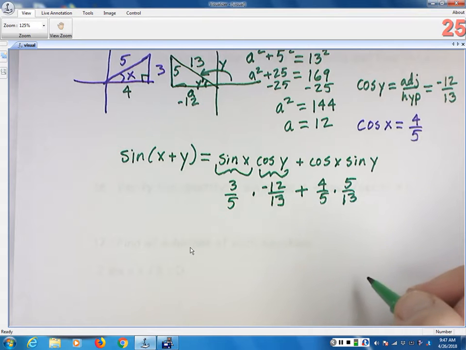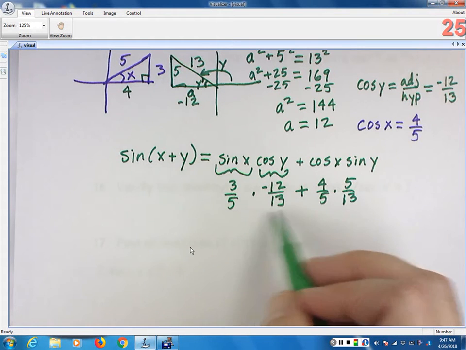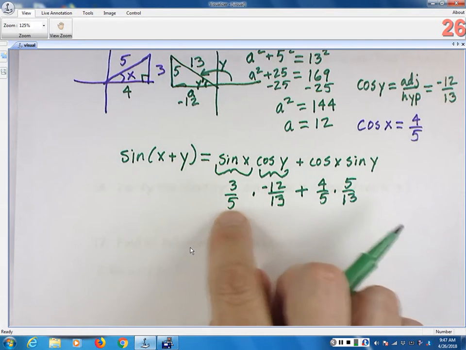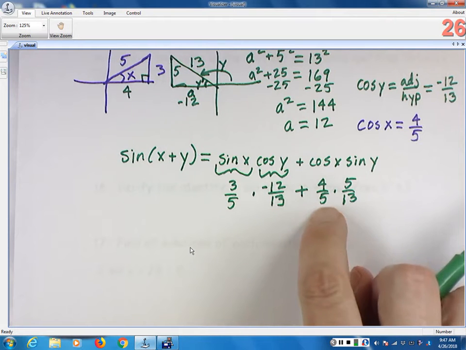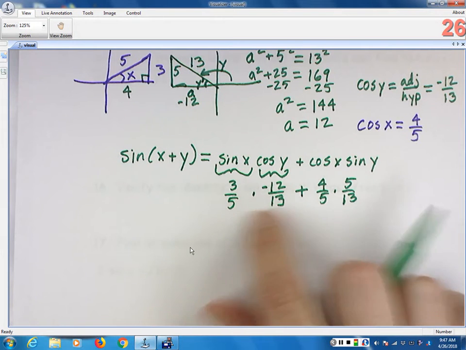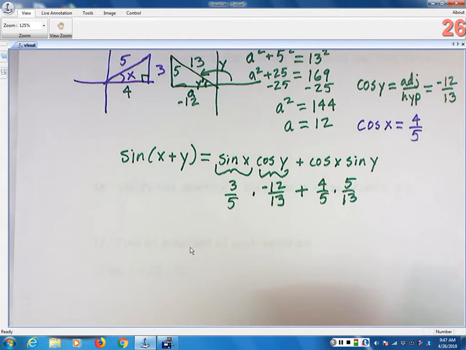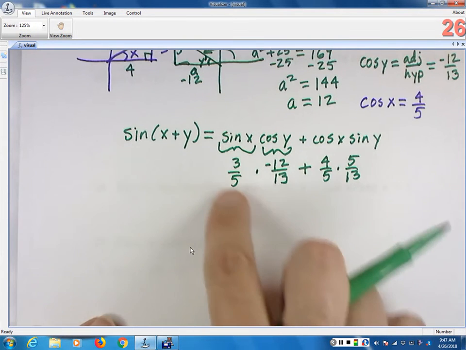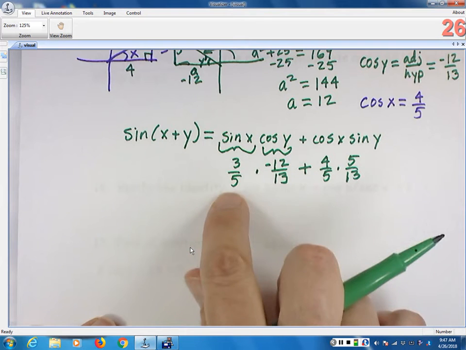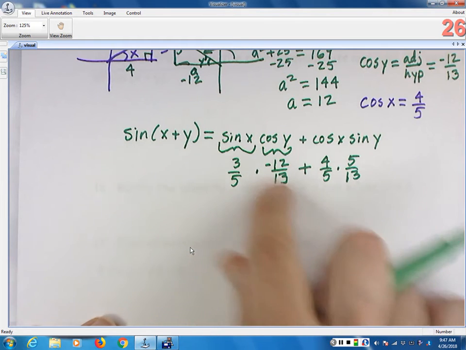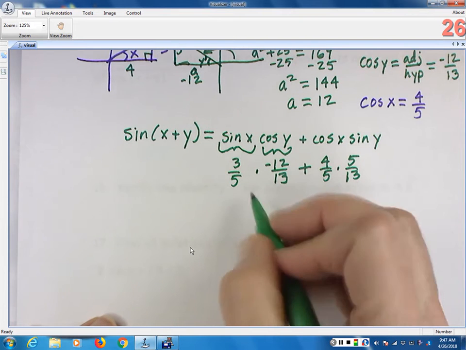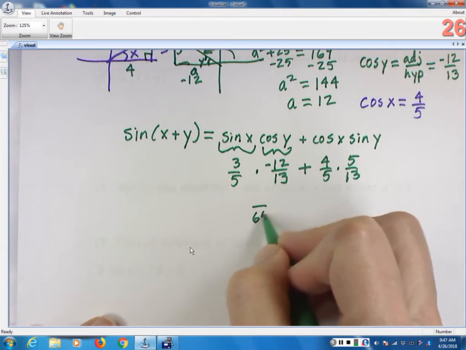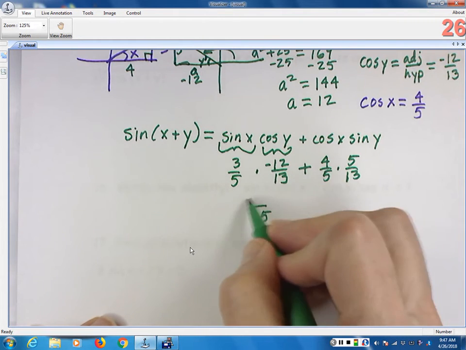All right, and you do not need to make this 65 and that 65 and this 65. You're multiplying fractions. You need a common denominator when adding fractions, and you can use your calculator to help you. But you just multiply the bottoms times the bottoms, the tops times the tops. So 5 times 13 is 65. 3 times negative 12 is negative 36.